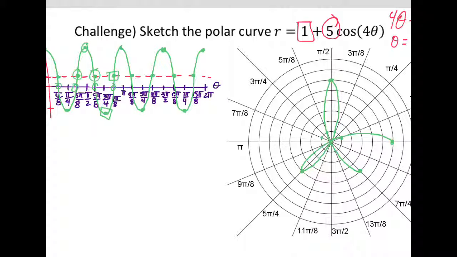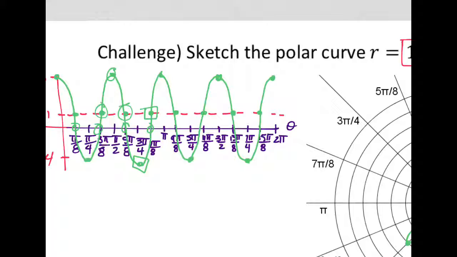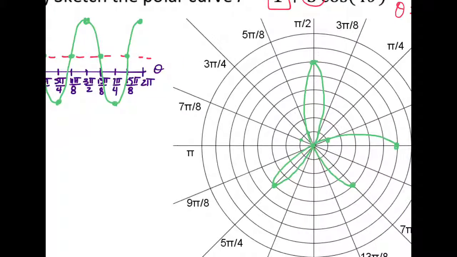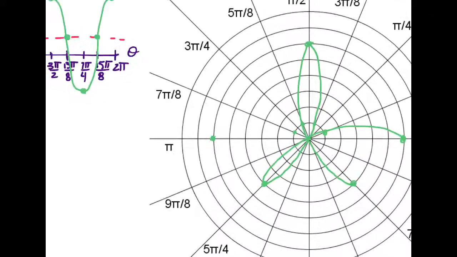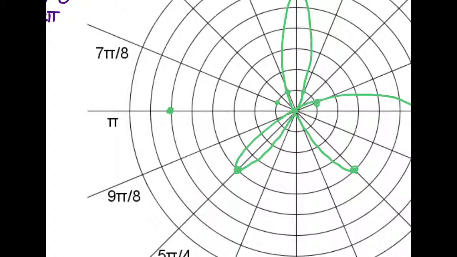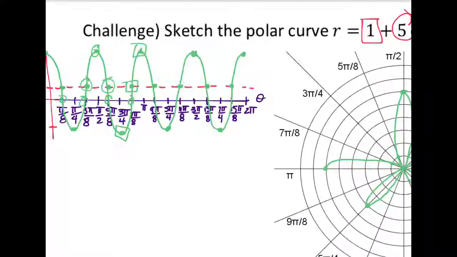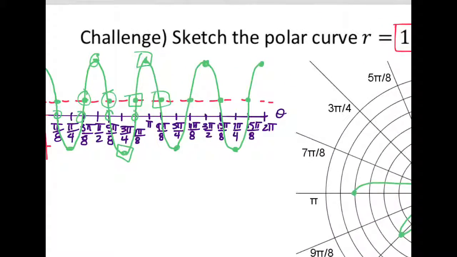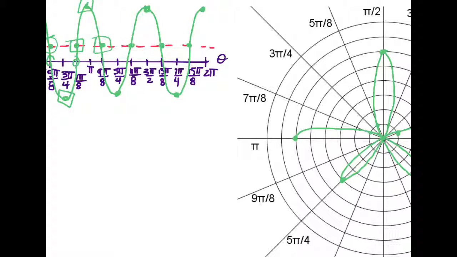And then where do I go after there? Well, you could probably identify it with symmetry at this point, but at pi, I'm again back up at 6, giving me that point right there. So here I'm taking my small petal in, crossing the pole, hitting the 1, and curving out right there. After pi, go to another 1 at 9 pi over 8, so there's that piece right there.